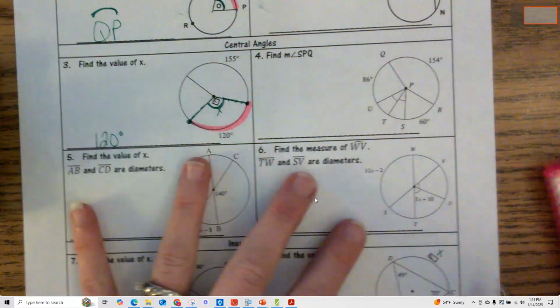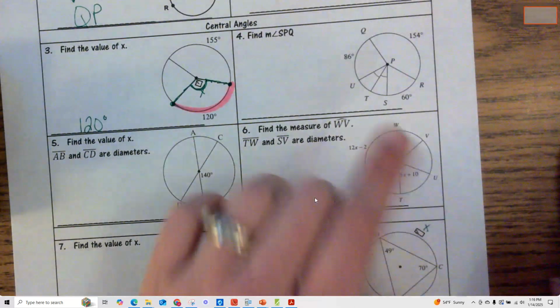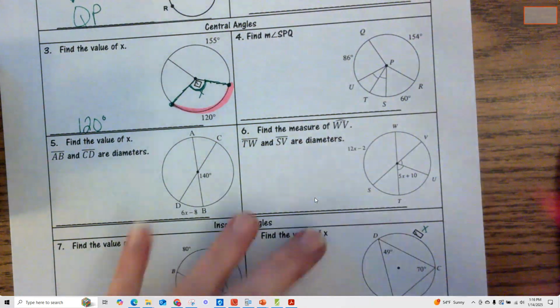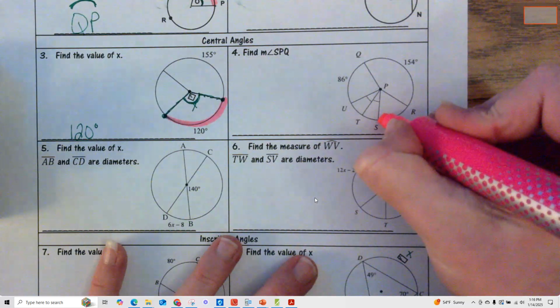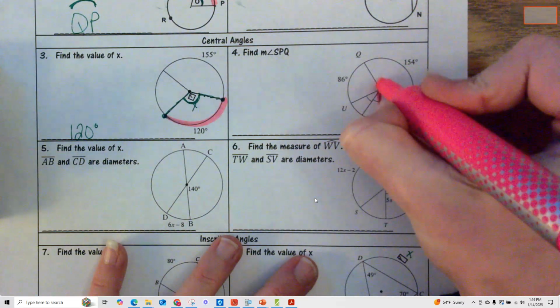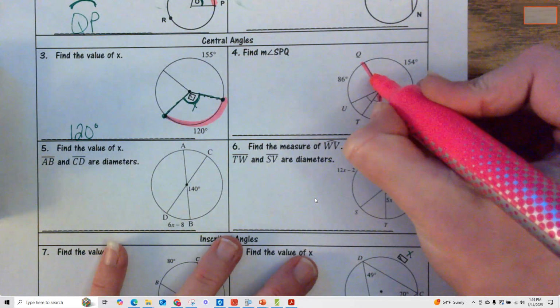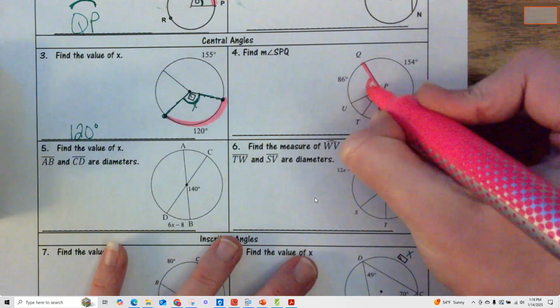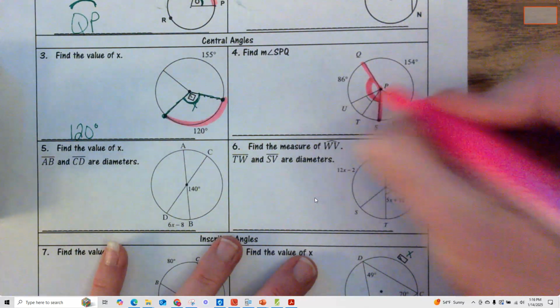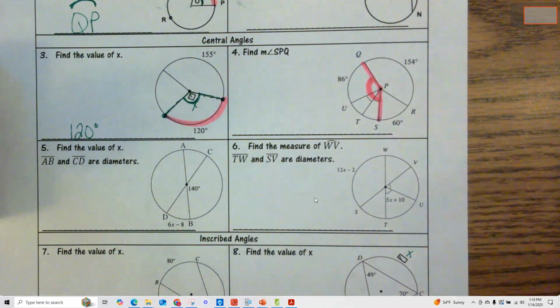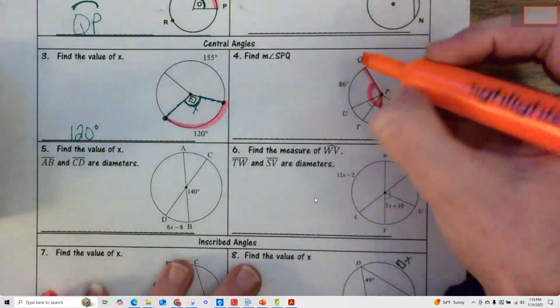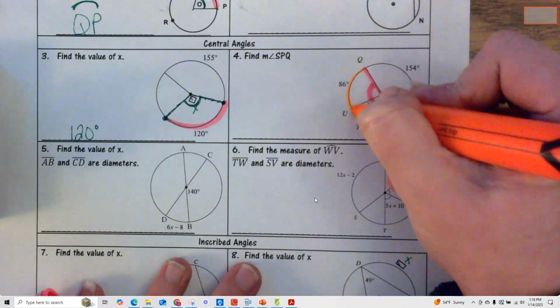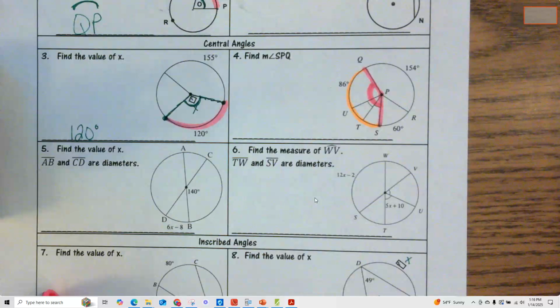They can get more complicated. So I'm going to give you some hints on the next one. SPQ. So SPQ, S to P to Q. That's this whole measurement in here. Okay? Which means it goes with this arc.